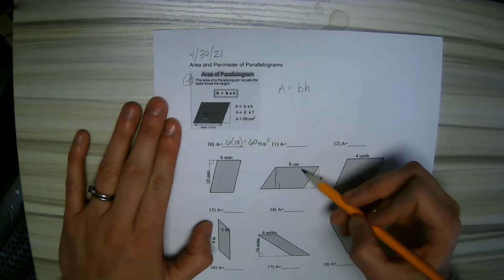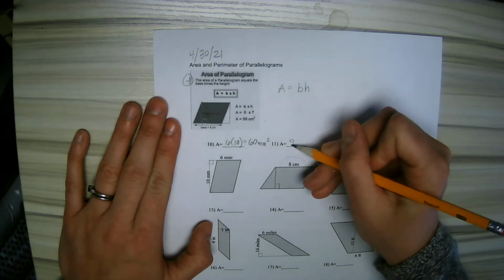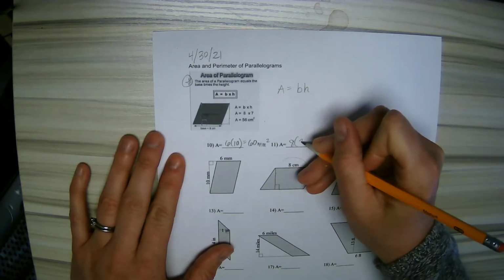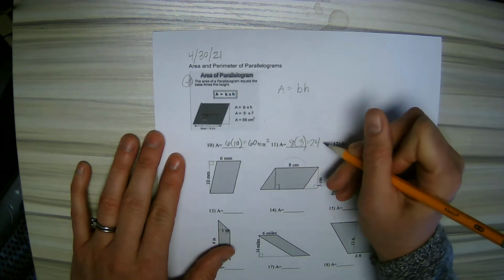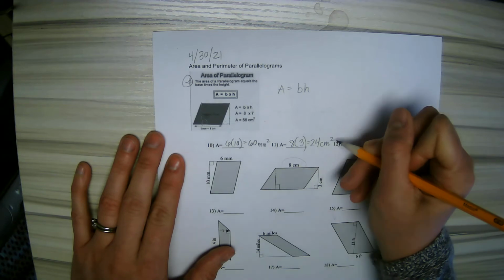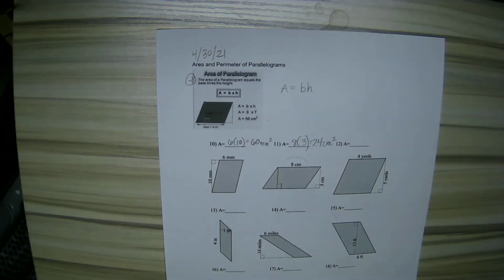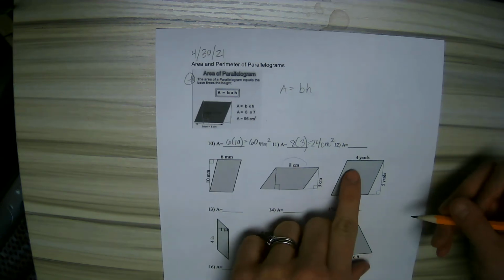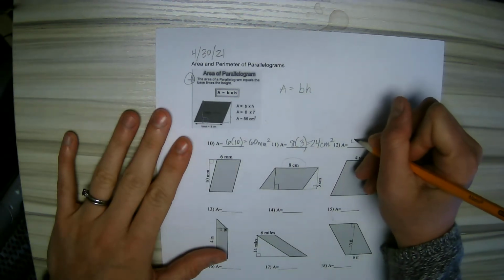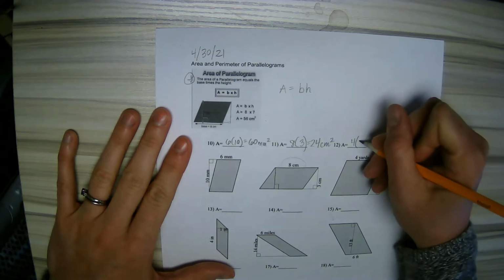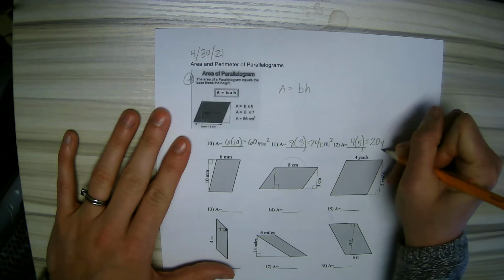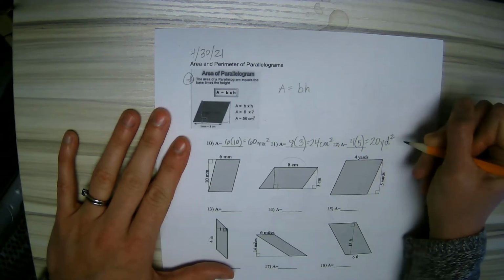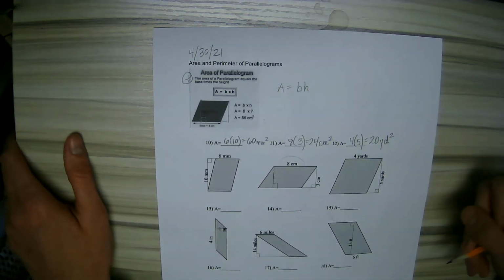So here's the base, 8, times the height, which is 3. 8 times 3 is 24, and this time it is in centimeters times centimeters, which is centimeters squared, or square centimeters. Here we have the base, which is 4, times the height, which is 5. 4 times 5 is 20, and in this case it's yard times yard, or square yard, or yard squared.